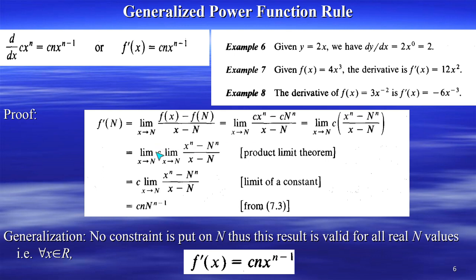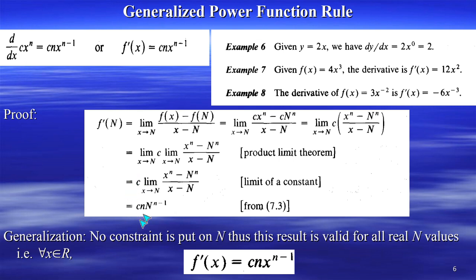But c is a constant, and the limit of a constant is itself, we have proven it as well. So the limit of c when x goes to N is c, and we obtain c times the limit when x goes to N of x to the power n minus N to the power n over x minus N. But what is this limit? We have proven that it is equal to small case n times big case N to the power small case n minus 1.